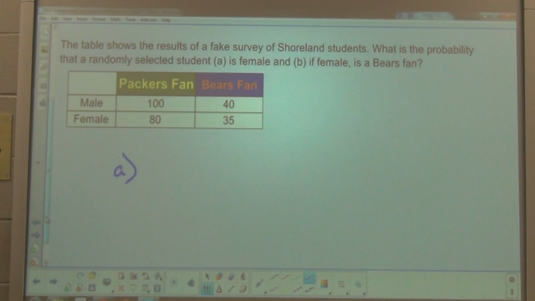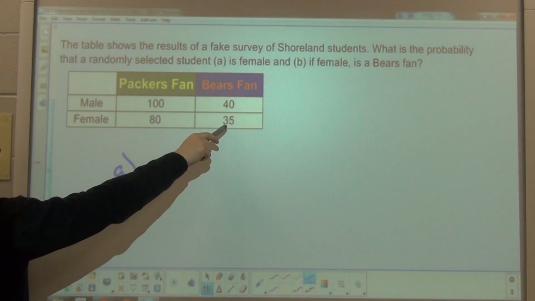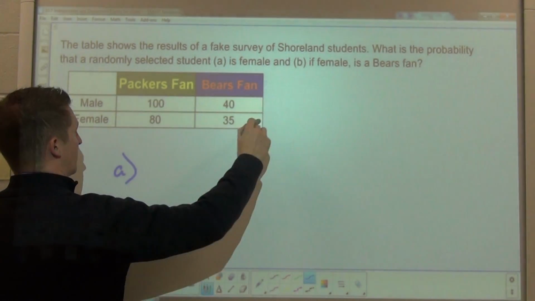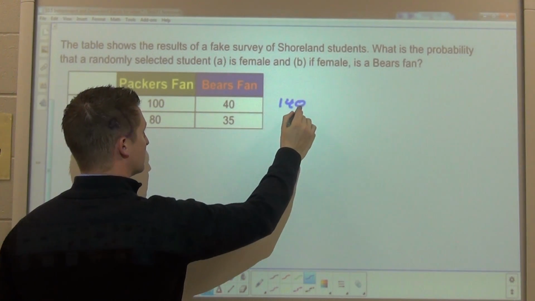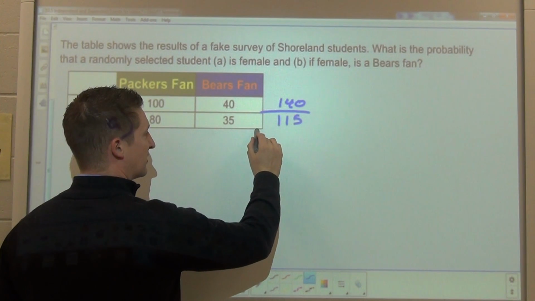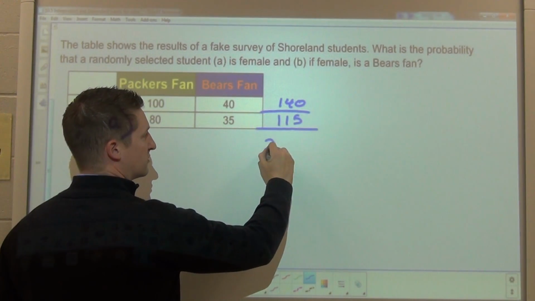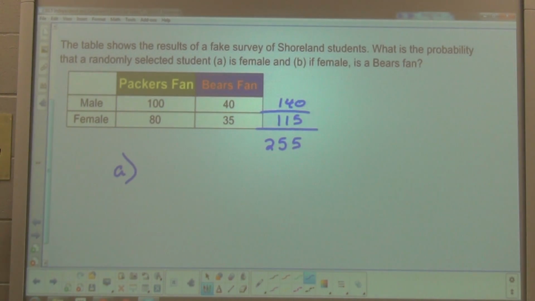Well, I've got 100 male Packer fans, 40 male Bears fans, 80 female Packer fans, and 35 female Bears fans. So I'm just going to add up a couple things here. First of all, I've got 140 males and 115 females, which means I've got a total of 255 students that were in my fake survey.